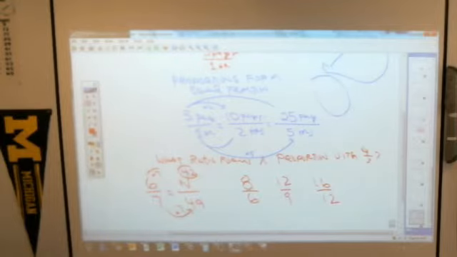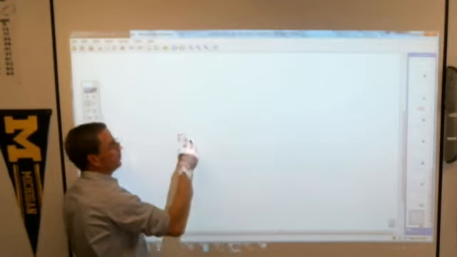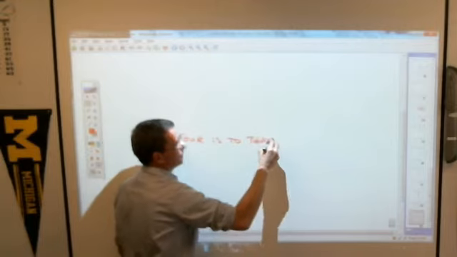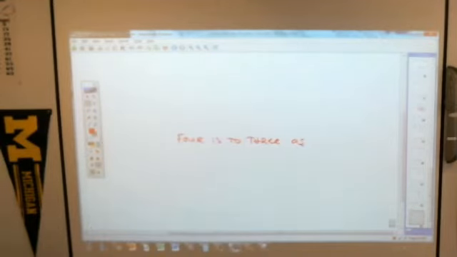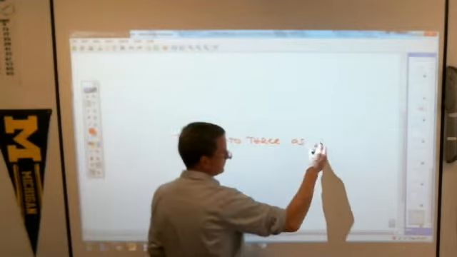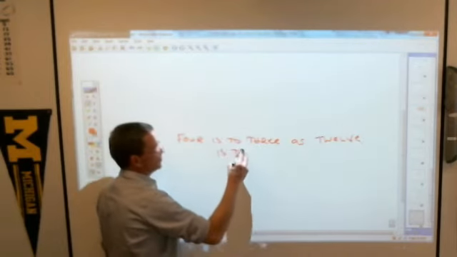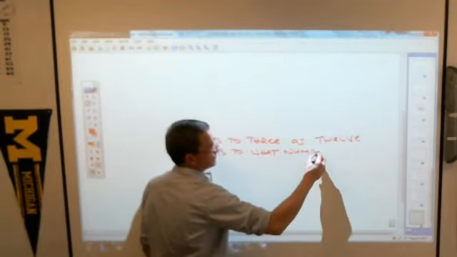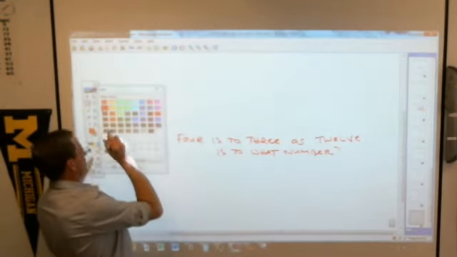Oh, write this down. Sometimes they write it out in words and they'll say it like this. 4 is to 3 as 12 is to what number? How would that look if I wrote that out?